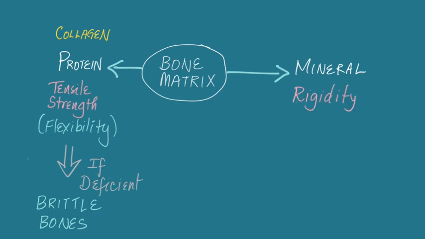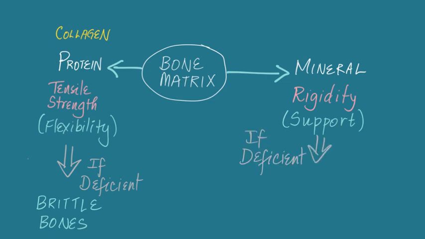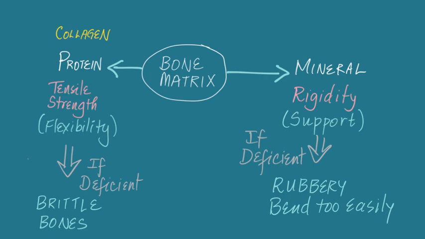Now for the mineral. The mineral portion of the bone matrix provides support and rigidity. If the mineral component of the bone is deficient, then the bone becomes rubbery and it bends too easily, and this can lead to bone fractures.